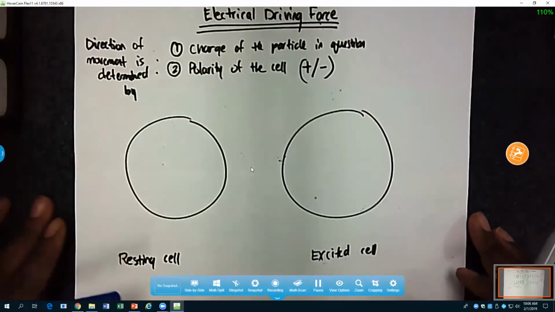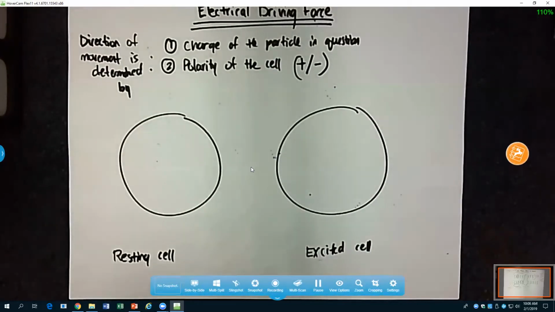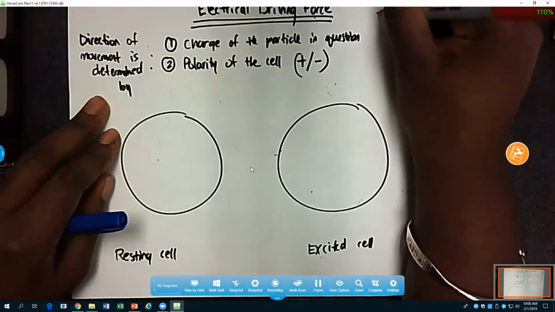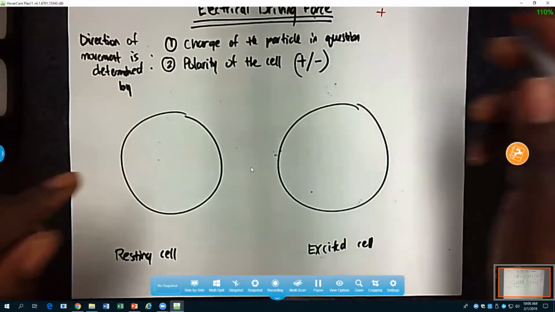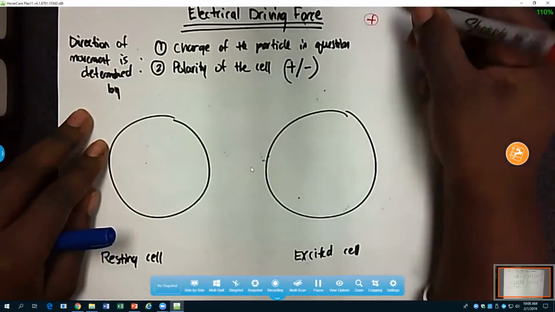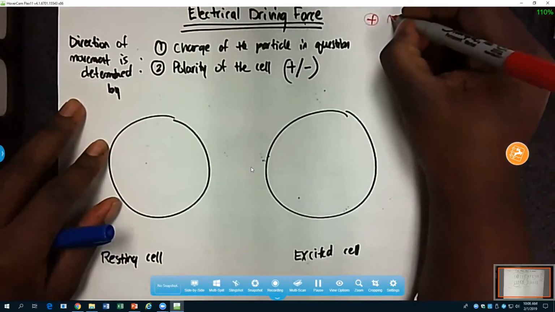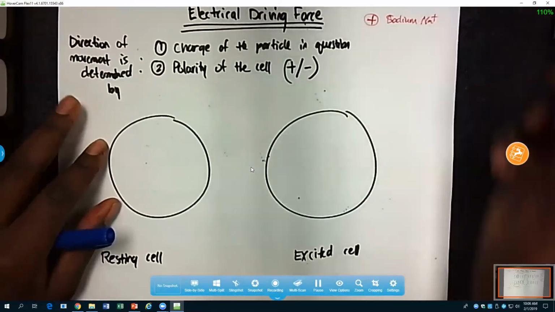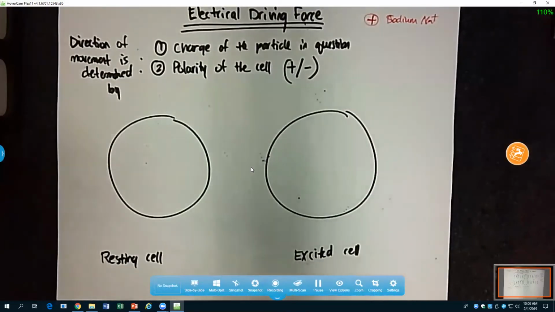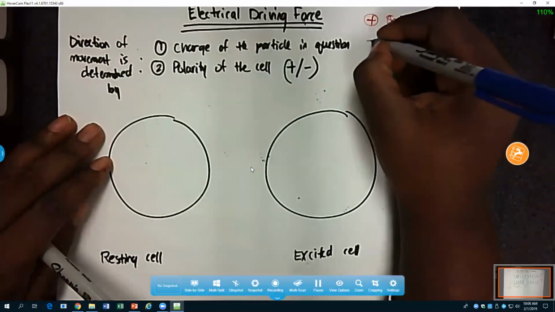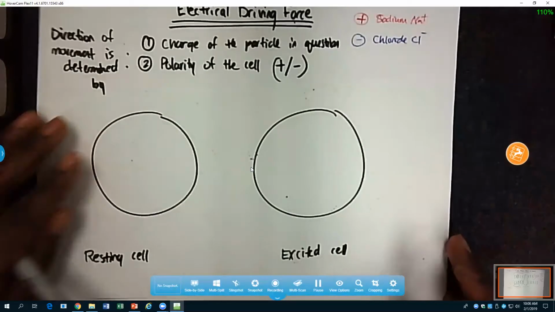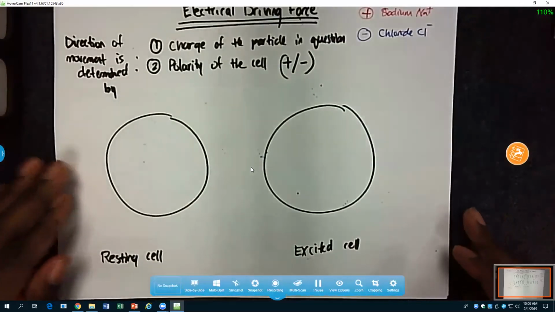Okay, so now we're going to talk about 2 ions. Actually, let's talk about sodium as our cation, and then we'll talk about chloride as our anion.